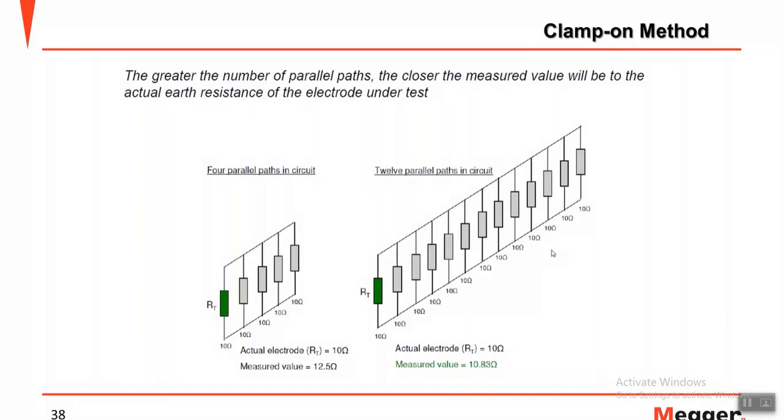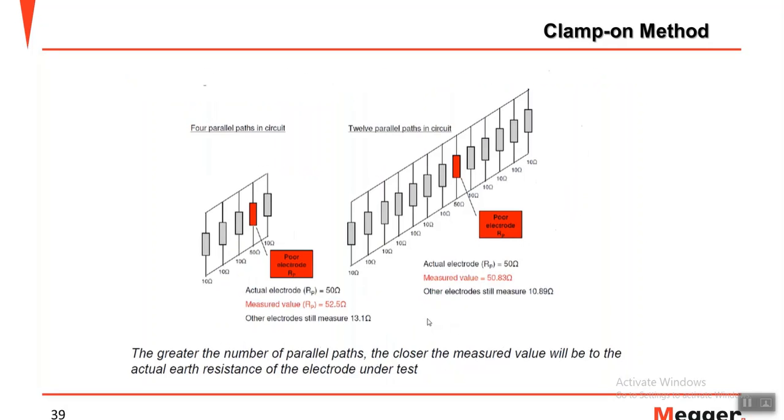But if you have only one path, of course the result will be very less accurate. But you can still find your problem, I mean the grounding resistance problem. If you have a different value on each path, for example this ground has 50 ohm, a very poor electrode value, if you measure here you will get maybe around 52.5.